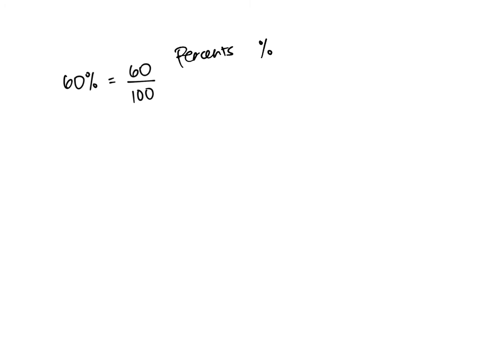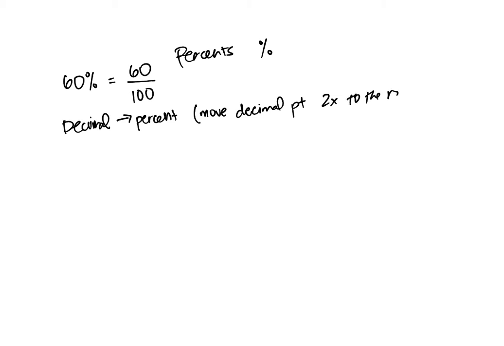The first thing I wanted to get into is how to change from a decimal to a percent. To do that, you would move the decimal point 2 times to the right.